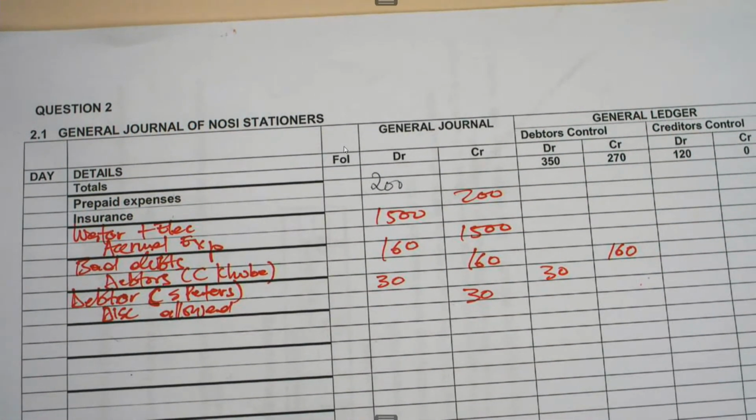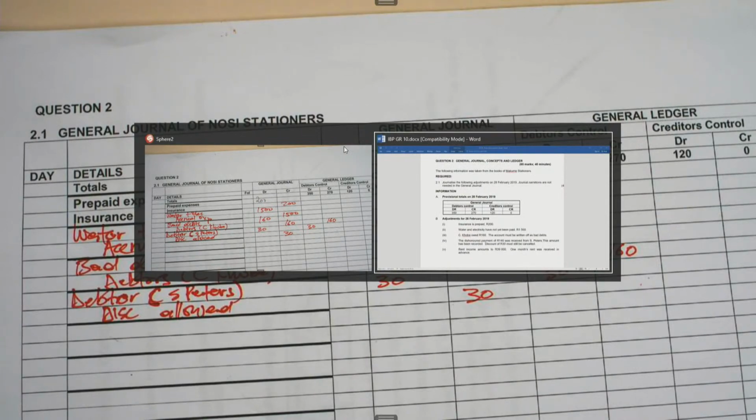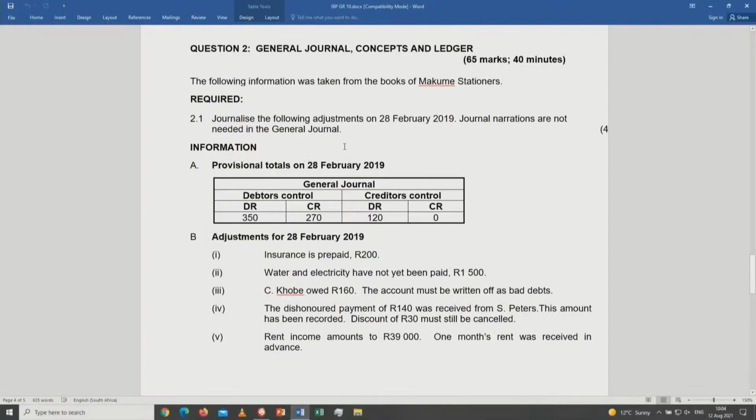Right. Now, the last one, number 5, rent income amounts to 39,000. 1 month's rent was received in advance. The rent income amounts to 39,000, ladies and gentlemen, and that is for the whole year.